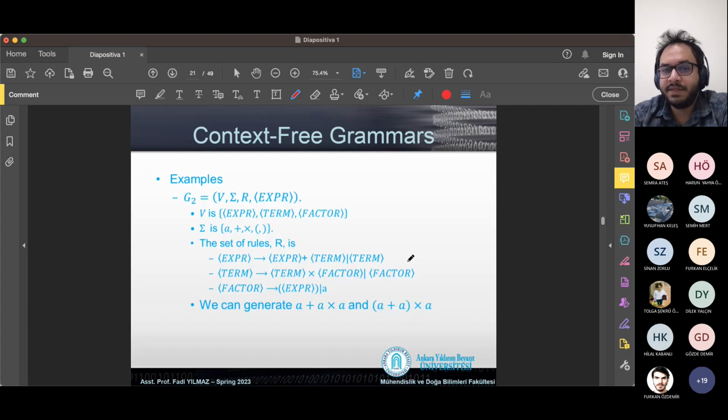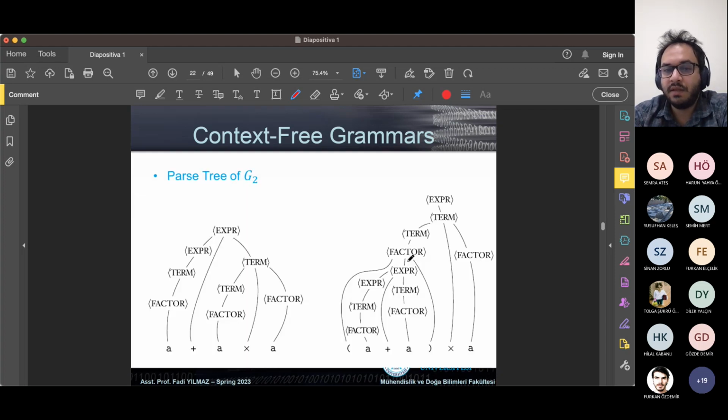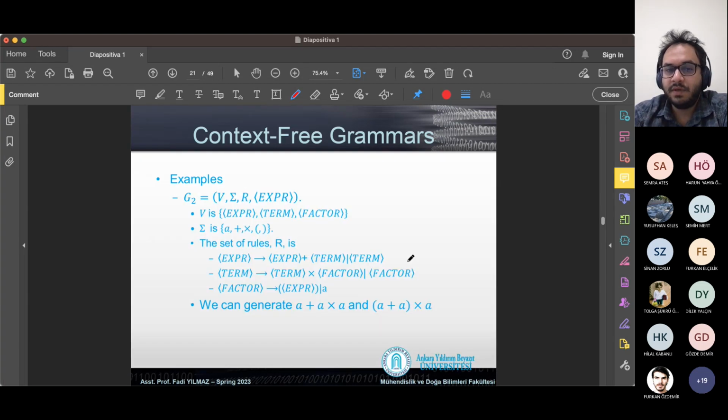Examples, guys, we have expressions, terms, factors. And these are for the multiplication and the summation. Okay, guys. You can just see more examples like this. And we have parentheses here as well as the input in the terminals, and factors can be used with the parentheses.